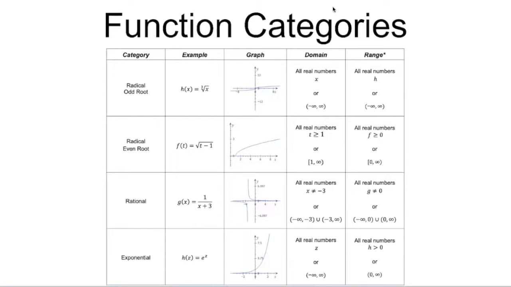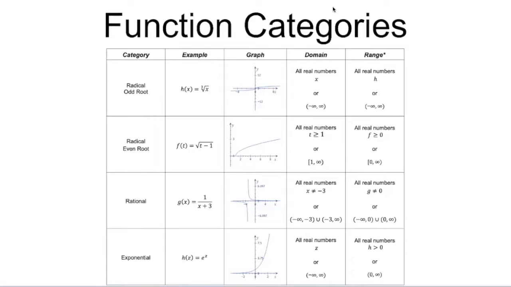Also, with rational functions, we will encounter scenarios where there are going to be restrictions on the domain. So you'll note with this example here, we cannot have a value of 0 in the denominator because at that point, the function does not exist. The function is undefined at that point. Specific to the example you see here, x cannot equal -3 because that would give us an undefined location on the coordinate plane.